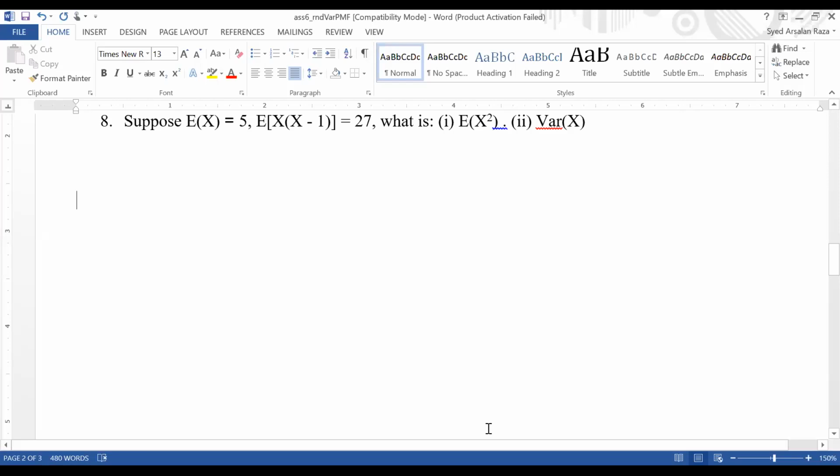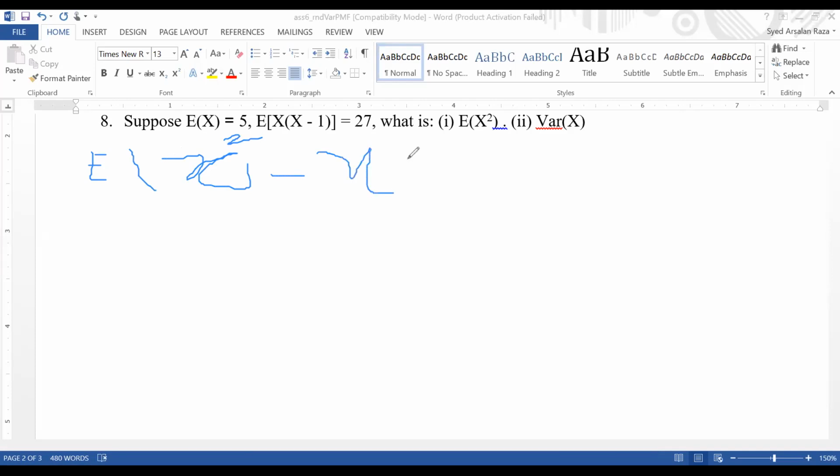The second item can be considered. E[X(X minus 1)] is equal to 27. If I multiply the bracket, then this is equal to E[X square minus X] is equal to 27.